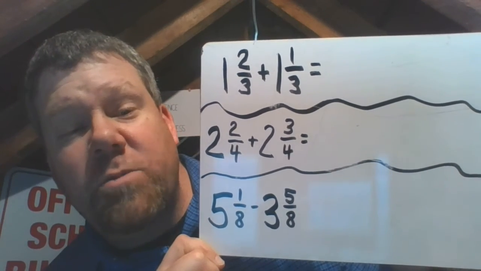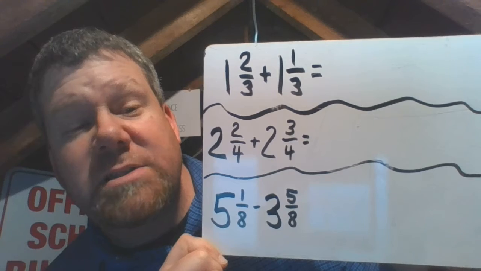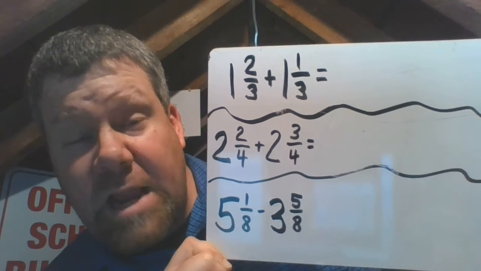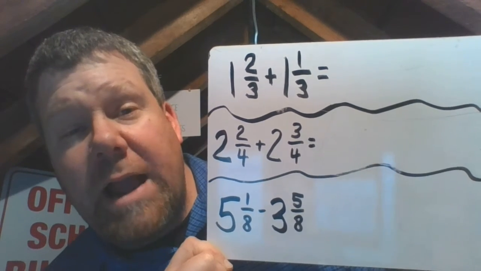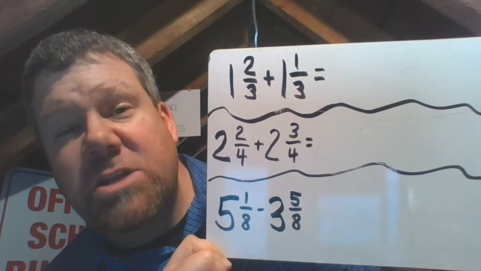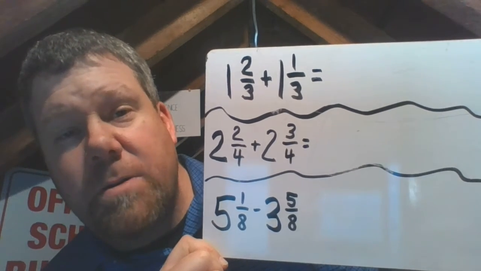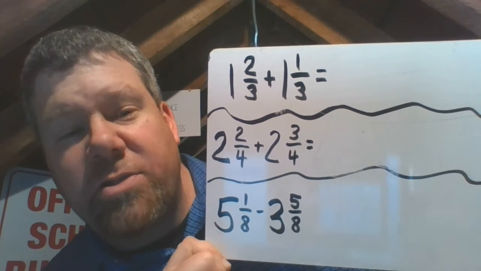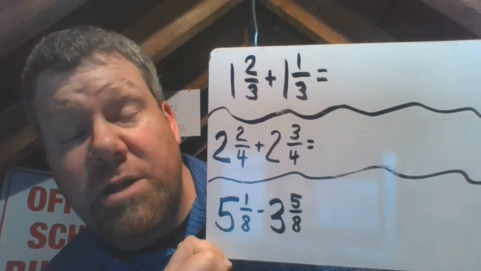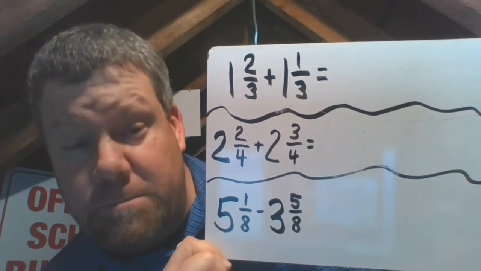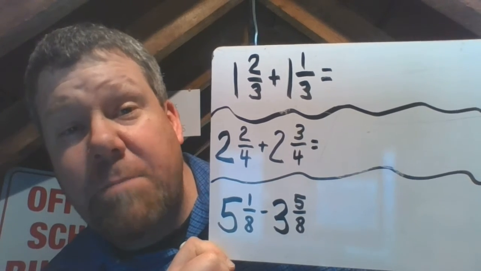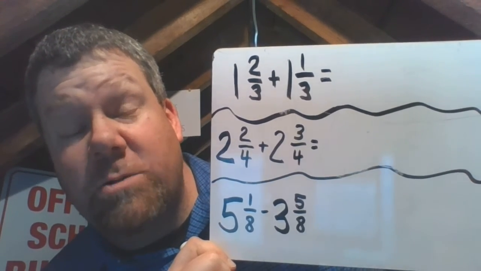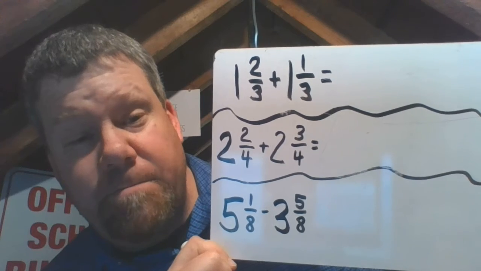So the first problem we have here is 1 and 2/3 plus 1 and 1/3. Now, when you are adding or subtracting mixed numbers, it's always a good thing to look at the fraction parts first. So in 1 and 2/3 plus 1 and 1/3, I have 2/3 plus 1/3. Now, I look at my denominators first, just like I was taught to in the last unit.